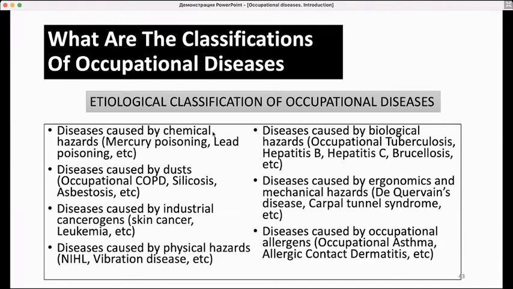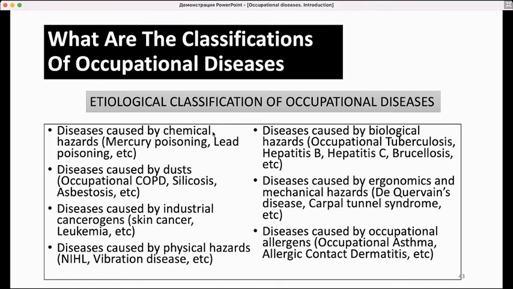Diseases caused by physical hazards. Here we have noise-induced hearing loss, vibration disease, and so on. Biological hazards can cause occupational tuberculosis, hepatitis B, C, brucellosis, COVID-19, and so on.